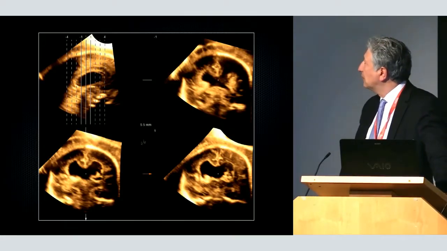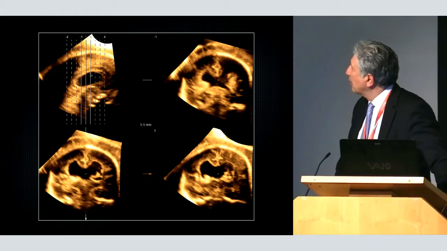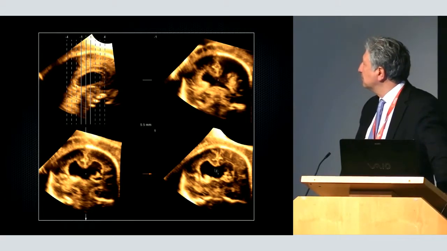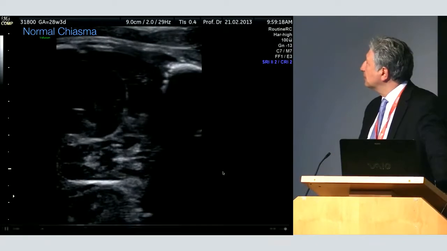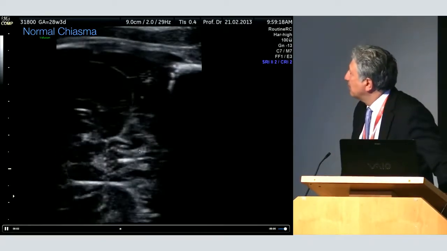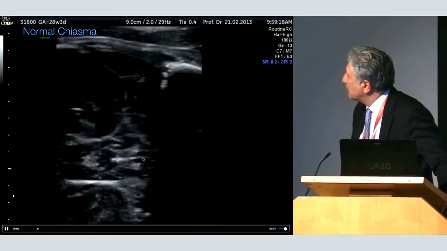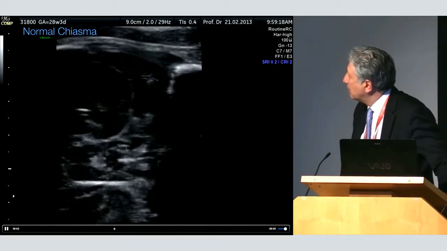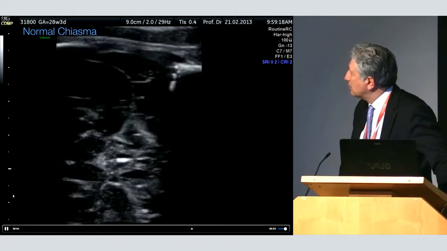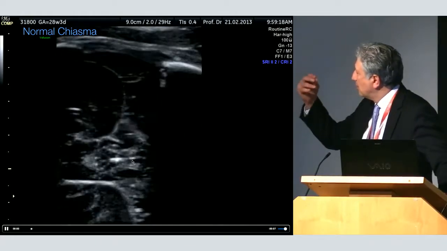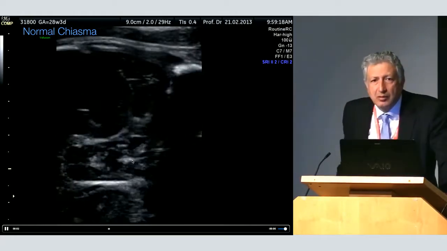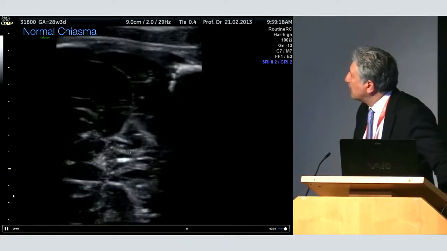This is the volume to show that we have a corpus callosum here, but not very nice. This is a normal chiasma. This is 28 weeks. You can see this echogenic part, like a butterfly, and the white dot is the infundibulum. But you see here, you can see it.